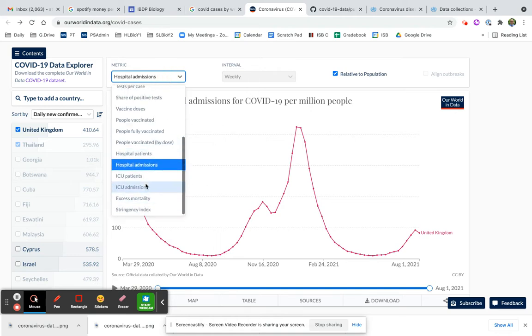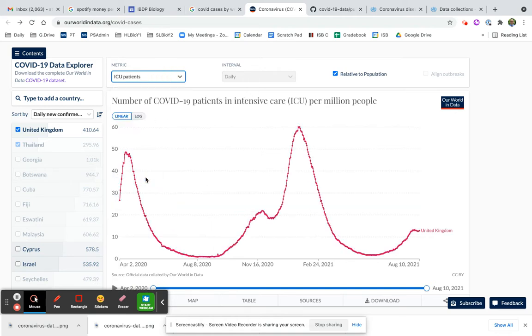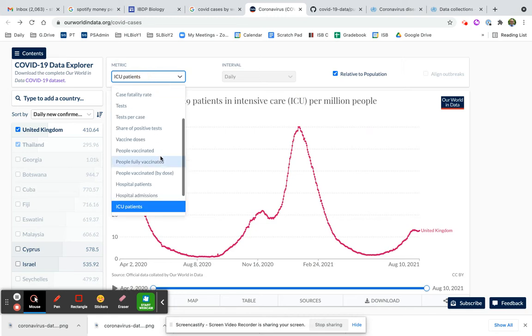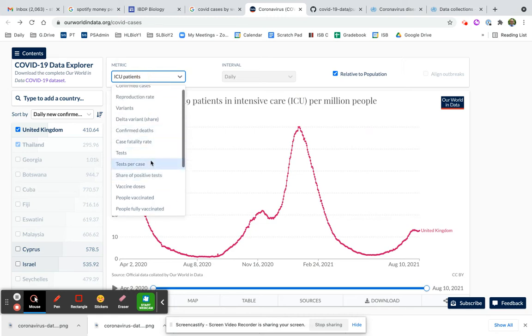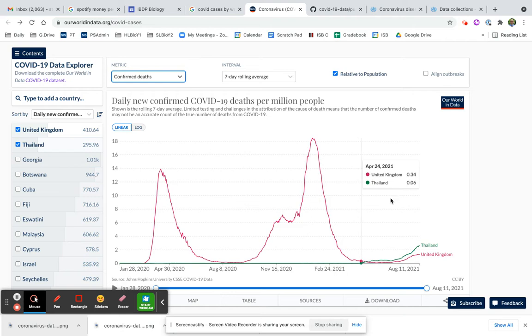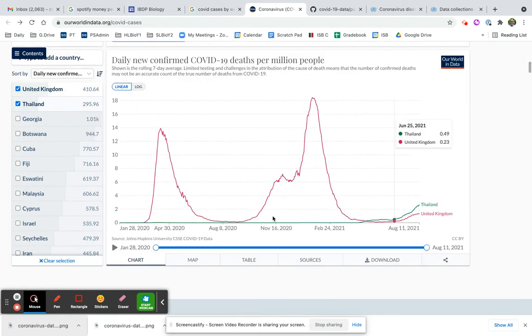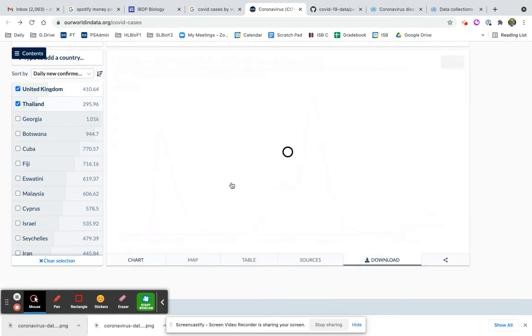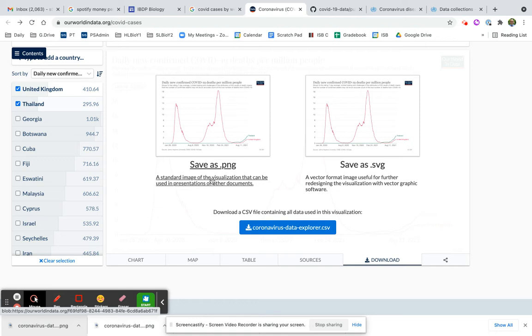I can look at ICU patients, I suspect only the United Kingdom. So Thailand's not reporting a lot of useful information here. I could look at confirmed deaths. I'm sure those will be there. There they are. So I might save this chart too as something to compare.